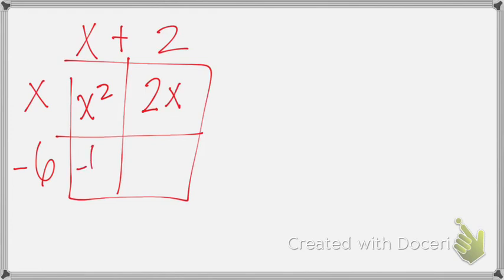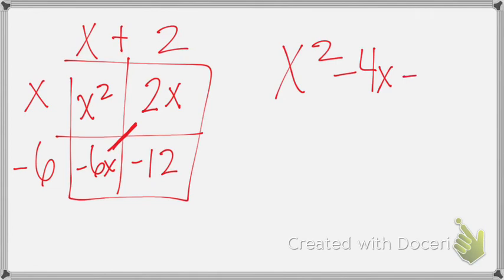And then you got negative 6x, and then what in the bottom? Negative 12. x squared. Combine these and get, yep, negative 4x minus 12. Yes, no, maybe?